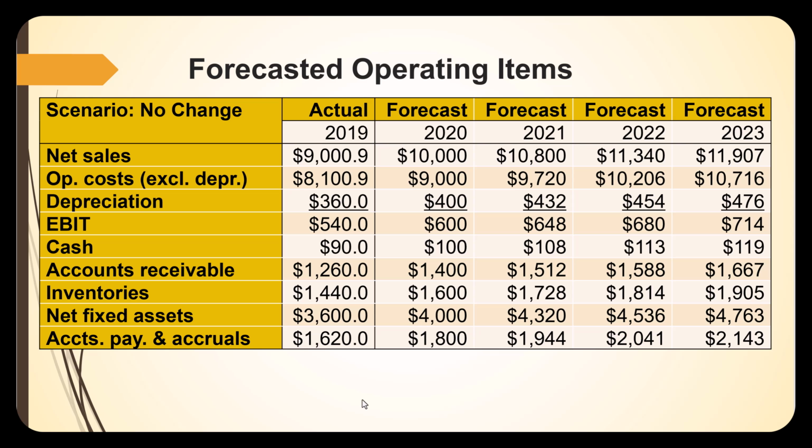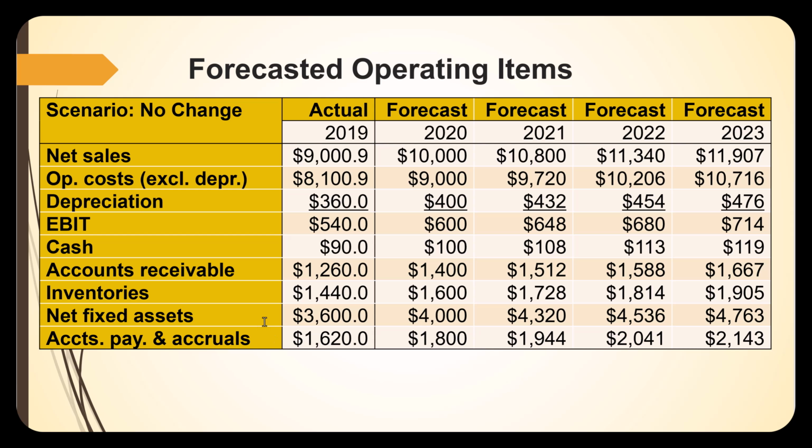Operating assets, or operating line items, if you will. So we see how sales change, and operating costs, remember, are roughly 90% of that. We have all these ratios, we just multiply them out. We get our forecasted line items for our particular company here.